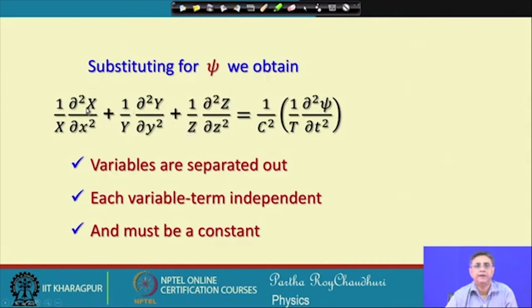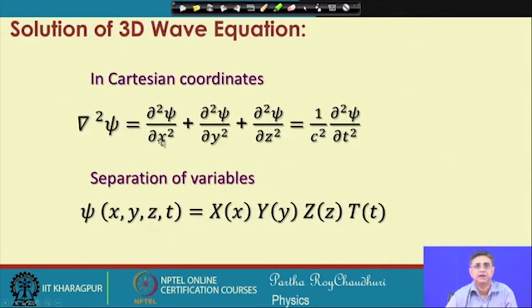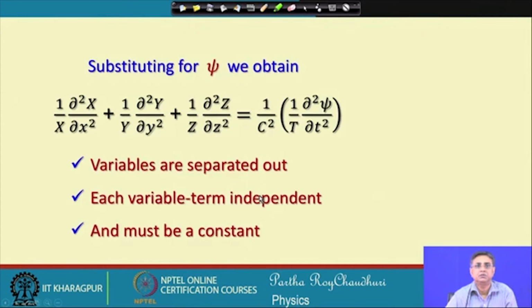And now, if you divide the equation, where you have already substituted this value, by psi, that is by X, Y and Z, then the equation will take this form, that is 1 by X del square X by del x square and so on. You can see that the variables are now separated out. Each variable term is now independent, they are not coupled with any of the others.